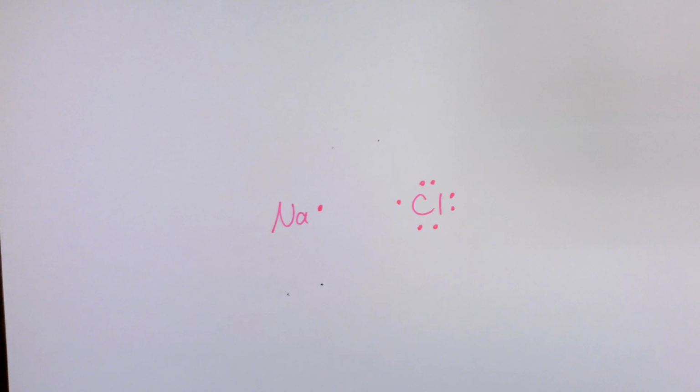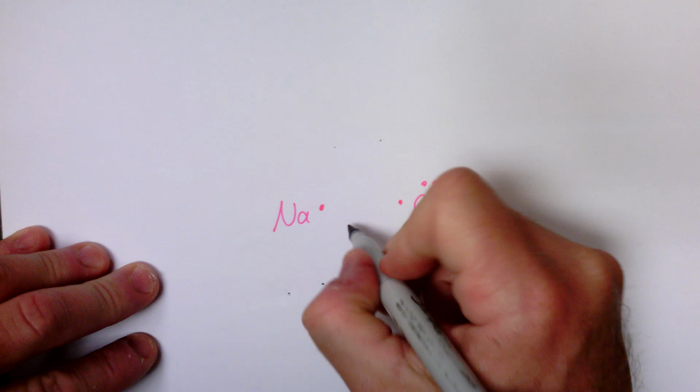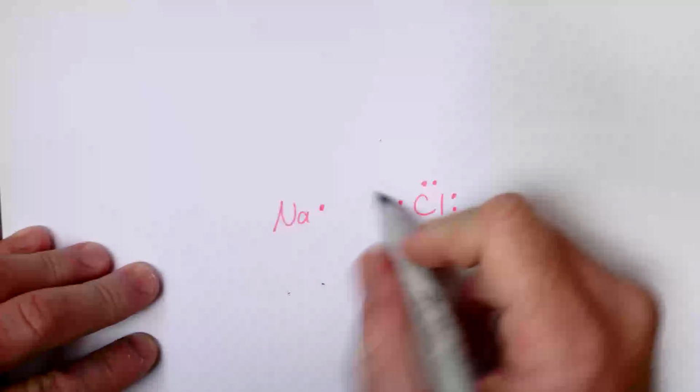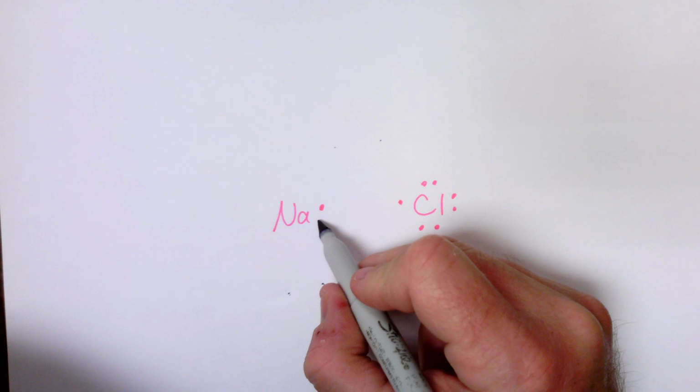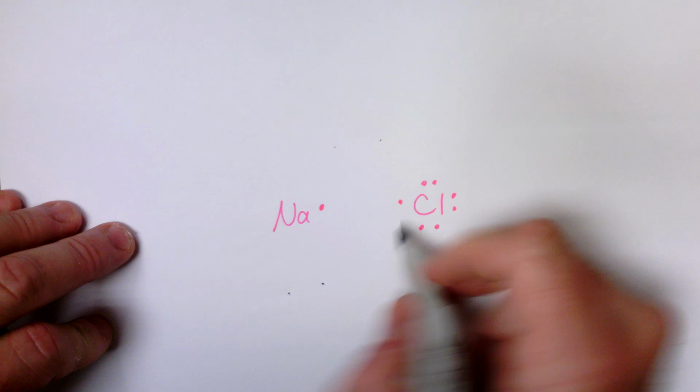All right, so these guys are walking down the street, and sodium's really trying to get rid of that electron. And sodium bumps into chlorine and says, hey, dude, can you help me out? I want to get rid of this electron. And chlorine's like, heck yeah, man, I need one more to satisfy the octet rule.